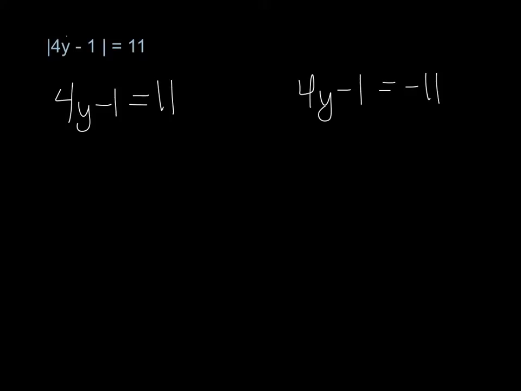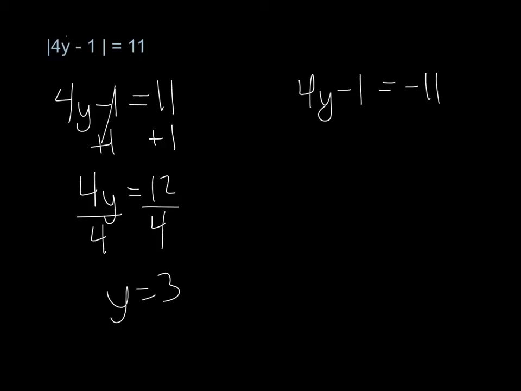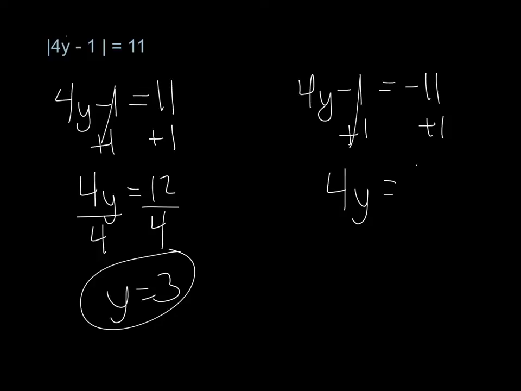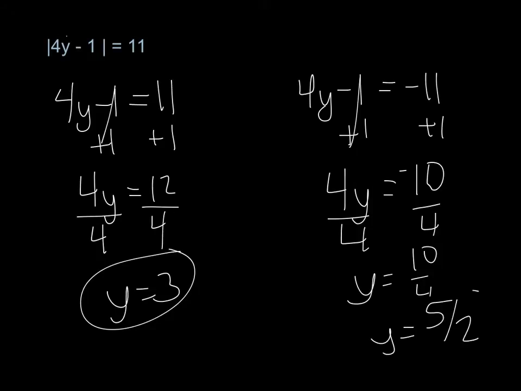And then to solve both equations, y could equal 3, or for our second equation, we get 5/2, which is 2.5. I'm not going to take the time right now to check those, but those both should work.